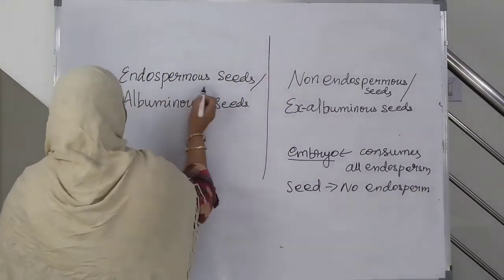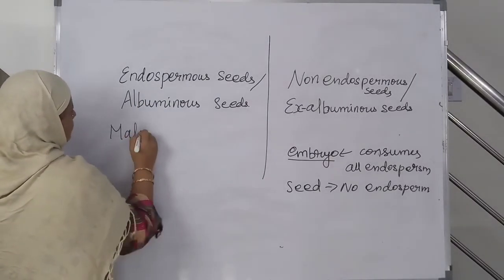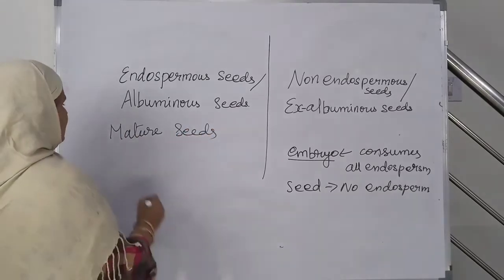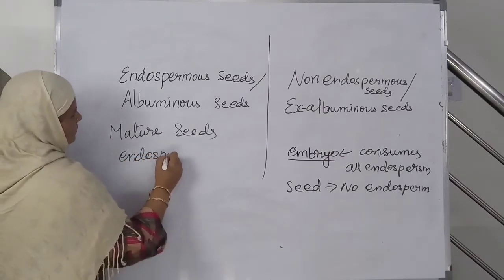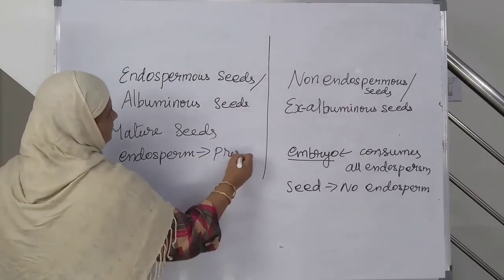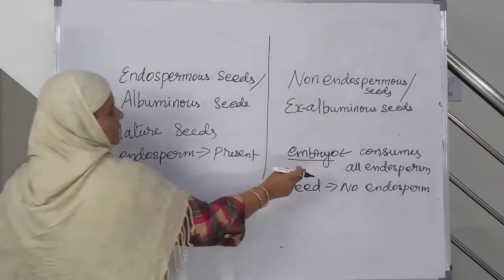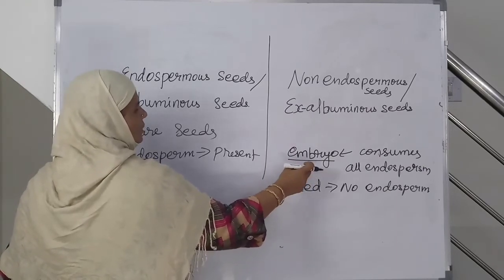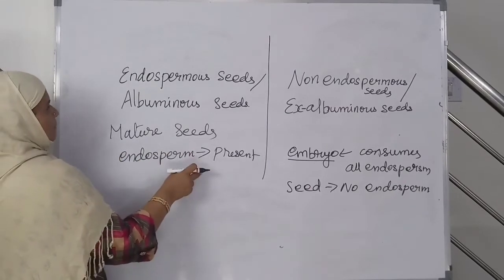But in endospermous seeds or albuminous seeds, the mature seeds consist of endosperm. Here the endosperm is absent because it is entirely consumed by the developing embryo, but here in the mature seeds the endosperm is present.